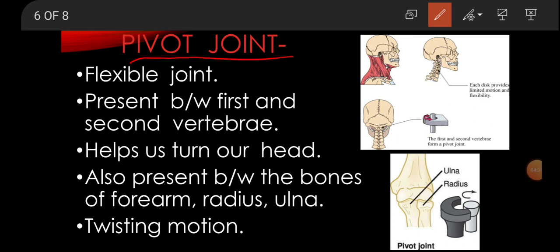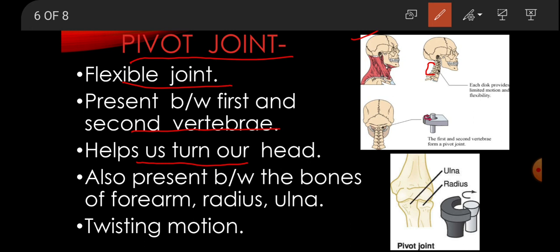Pivot joint. A pivot joint is another flexible joint. It is present between the first and second vertebrae of the spine below the skull. Look at this picture. Here you can see first and second vertebrae of spine below the skull. It helps us turn our head sideways.